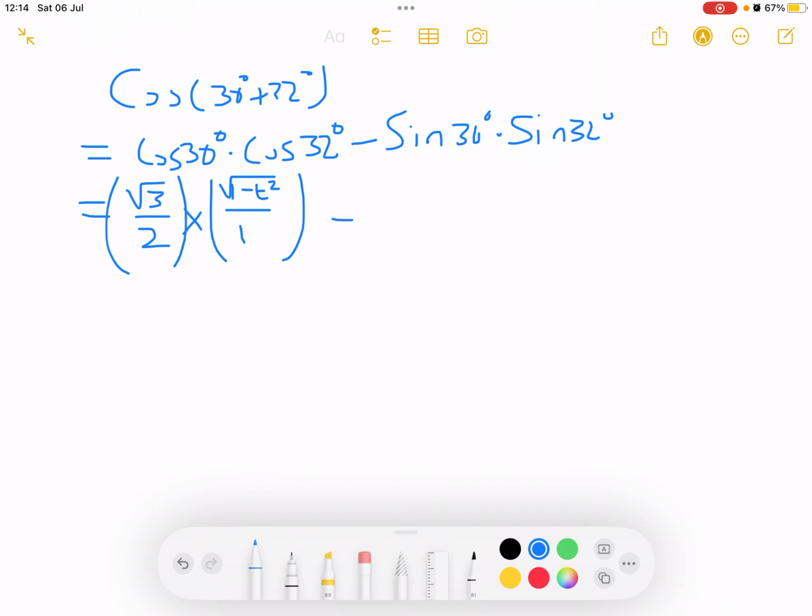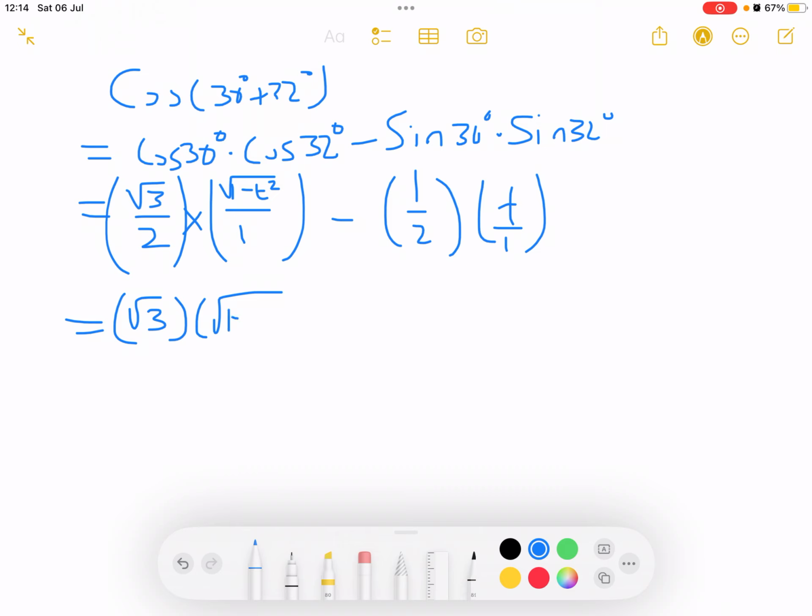Then minus sin 30 is just a half. Minus a half. Sin 32 was t over 1. So this will become the square root of t multiplied by square root of 1 minus t squared all over 2 minus t over 2. You can leave the answer like this.